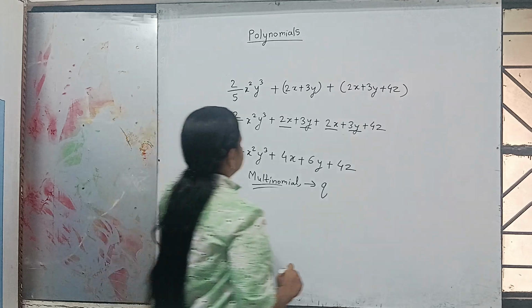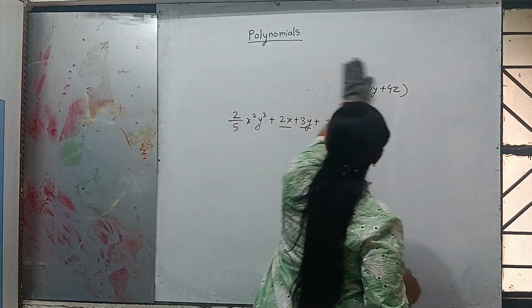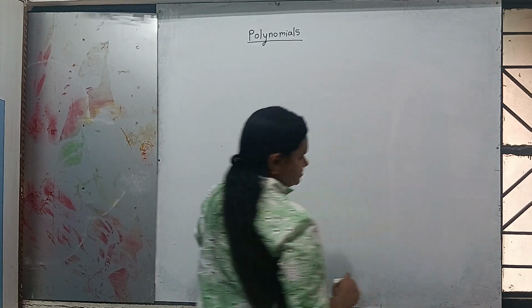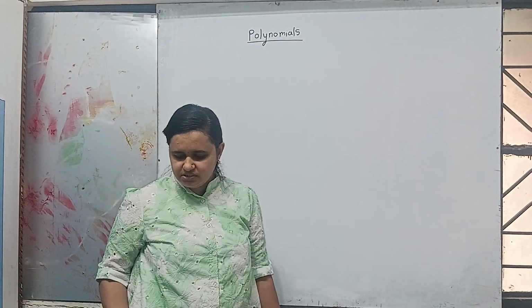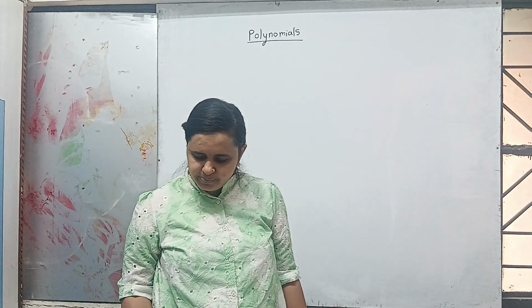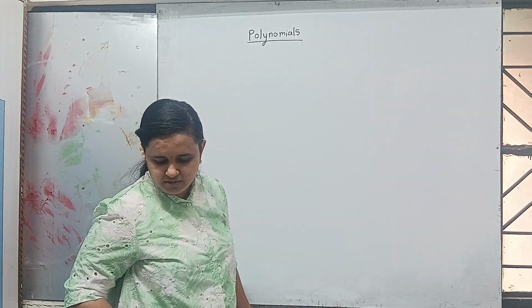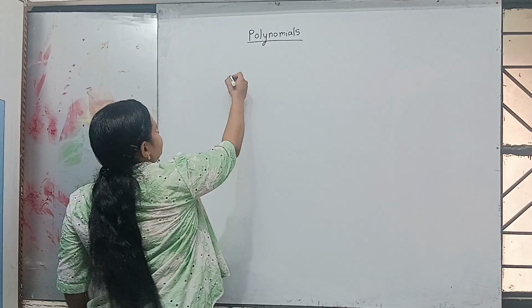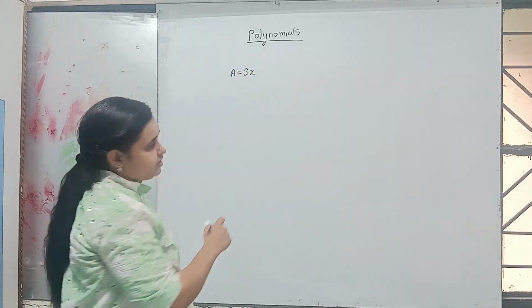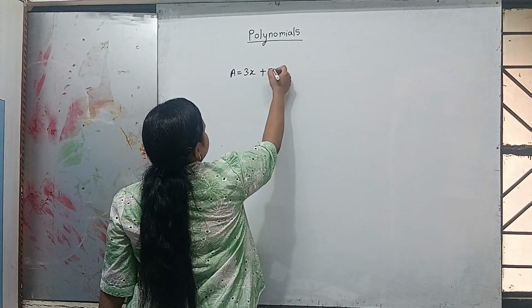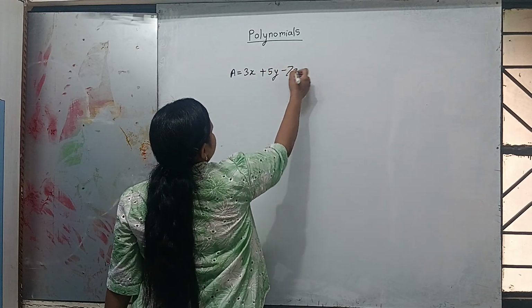Now third one. Values of A, B and C are given and A plus B plus C is to be calculated. Let us see. A is given as 3x plus 5y minus 7z.